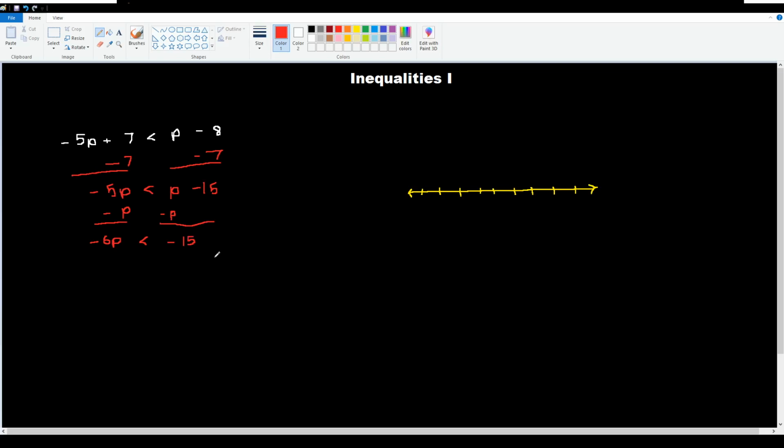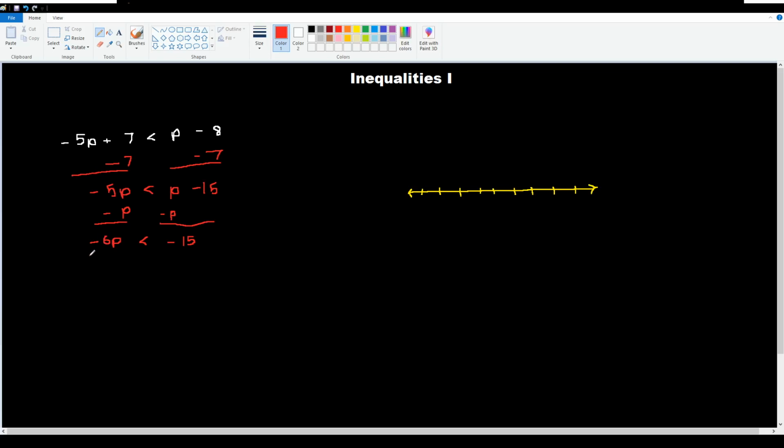Okay, better. Now, there is this interesting quirk with... Oh, I forgot to use colors for each of the steps. Oh my goodness. But there's this interesting quirk with inequalities where if you divide or multiply both sides by a negative, you have to flip the inequality sign. So that's what we're going to have to do right here.